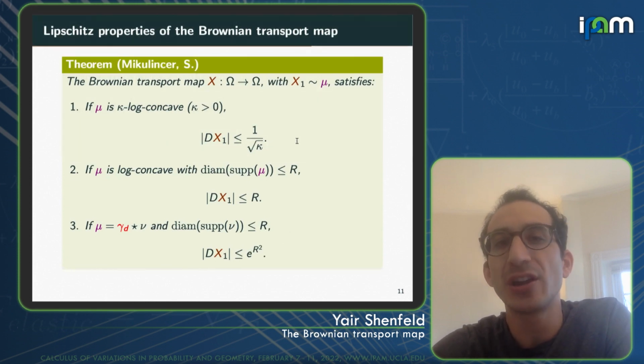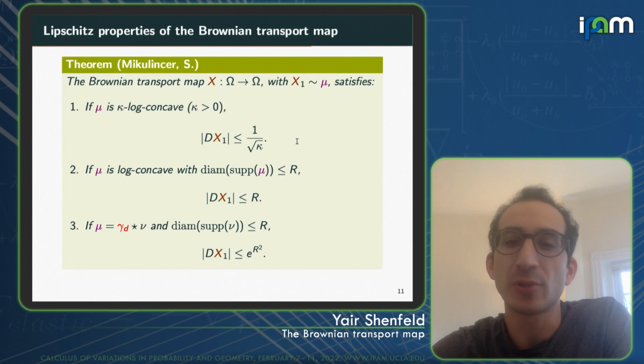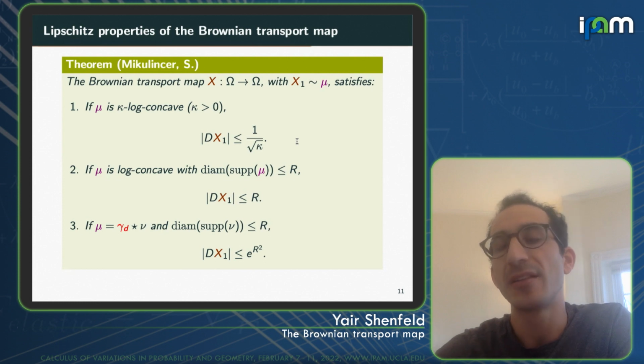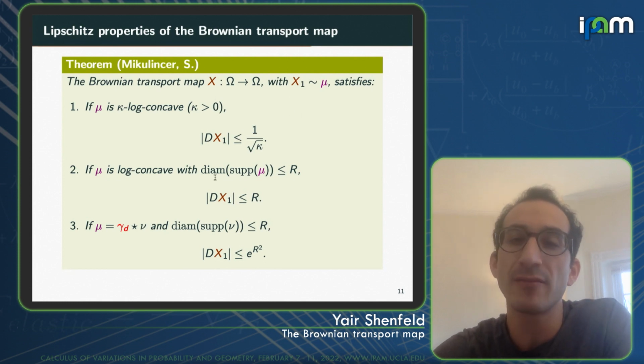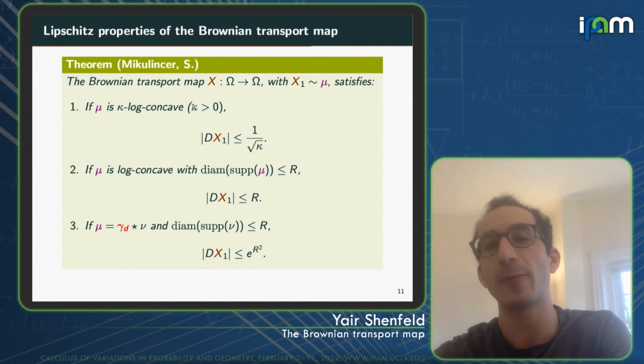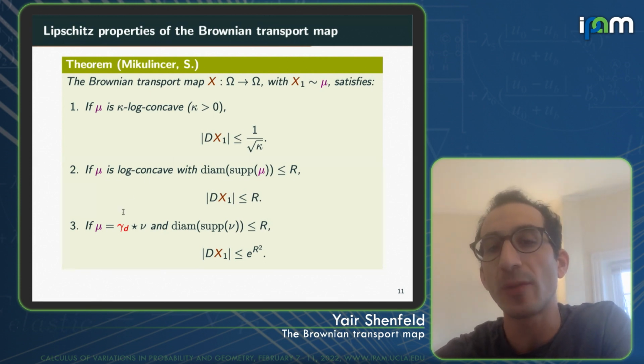So the message here is that by using this transport map, by leveraging the fact that the Gaussian is dimension-free and using the causality, meaning the filtration of the underlying Brownian motion, we can prove things for this map that we don't know for optimal transport. Because once we have a transport map which is Lipschitz, as I said before, we can prove many other functional inequalities automatically.